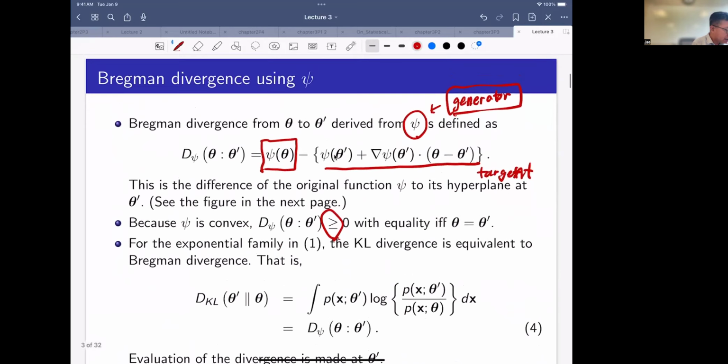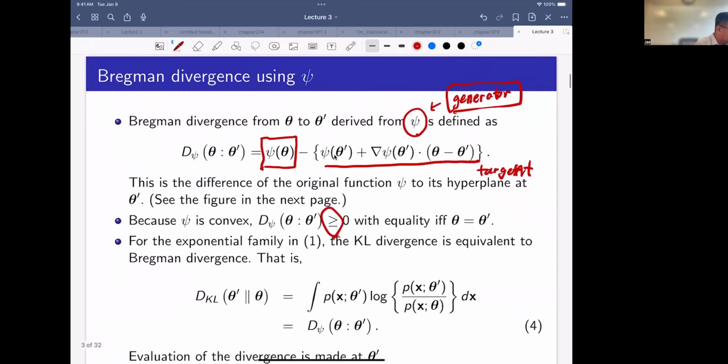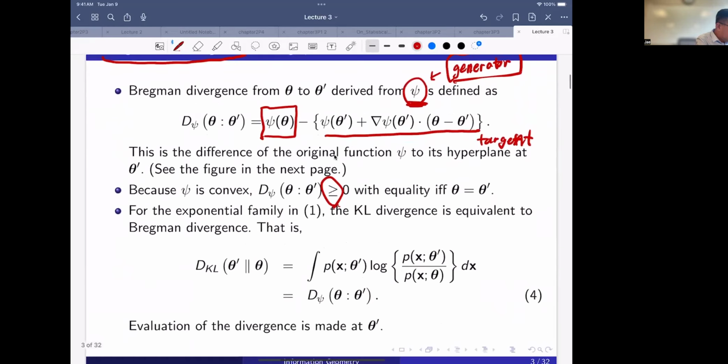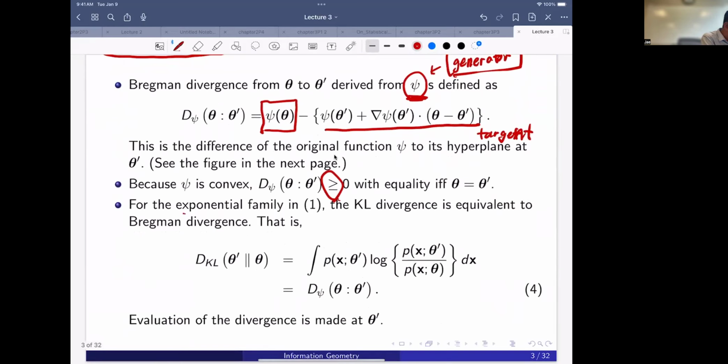So this one is defined using only psi, so it doesn't really have to be an exponential family. But in the special case of the exponential family, it turns out that the Kullback-Leibler divergence is equal to the Bregman divergence because we have this equality 4.